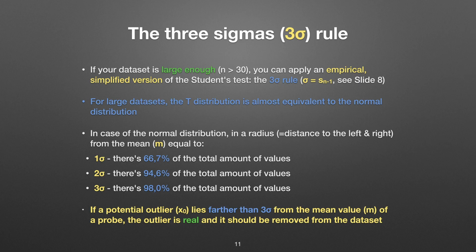According to the slide, about 2/3 of the values fall within 1 sigma, almost 95% within 2 sigmas, and about 98% within 3 sigmas. So the practical rule is simple. If a suspicious value lies farther than 3 sigmas from the mean, it is treated as a real outlier and should be removed. In other words, if a point lives that far from civilization, statistics begins to lose patience.